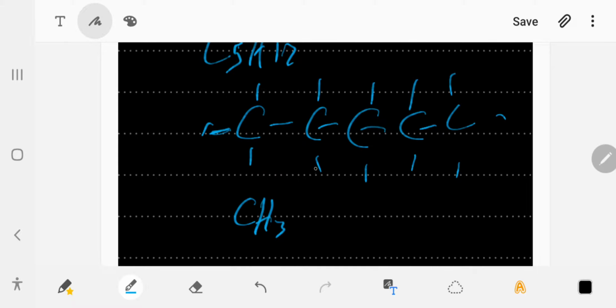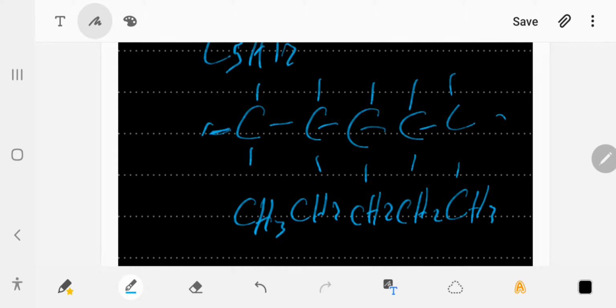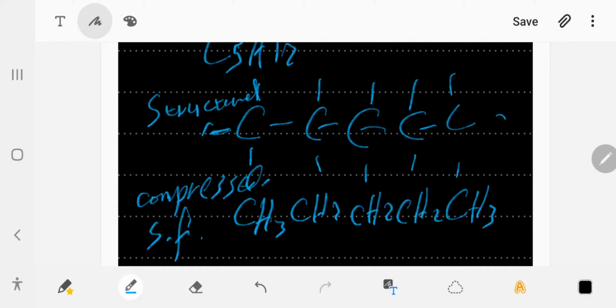Here we have CH2, H and H only, so CH2, then CH2, CH2, CH3. Now this is a structural formula, and this, we call it a condensed structural formula.